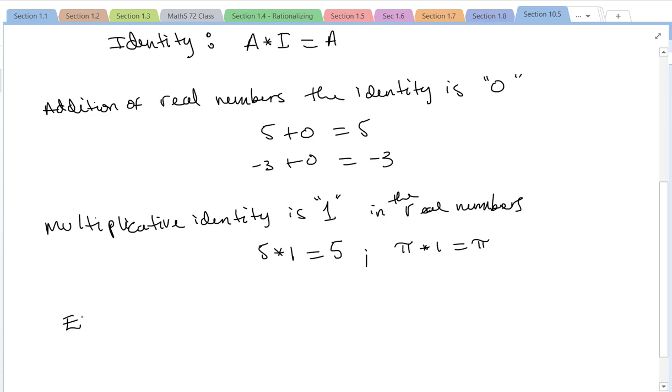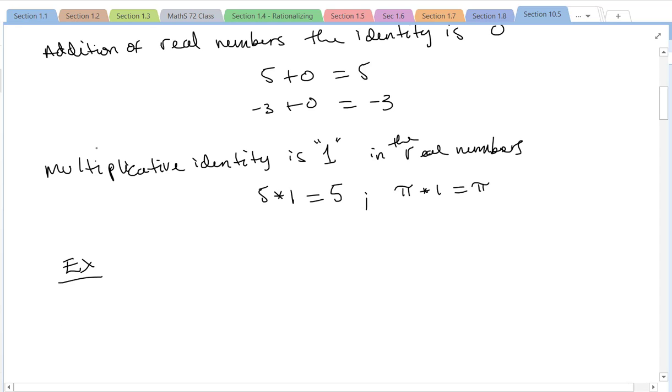So let's try an example. If I have the matrix, say, 1, 5, 1 in the first row and 0, 2, 1/2 in the second row, what are the dimensions of this matrix? This is rows by columns, so this is a 2 by 3 matrix.